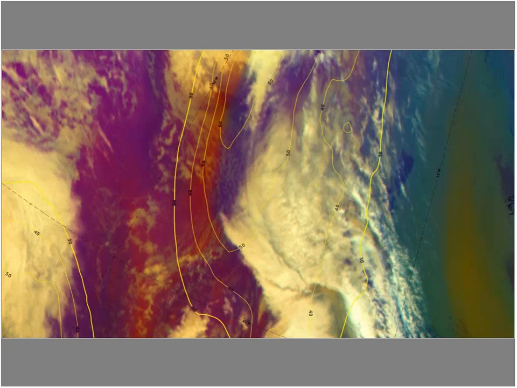So we can see here this jet stream change of color from bluish to reddish indicates the possibility of clear air turbulence. And here we don't have any clouds in this area, and that would be a really nice example of clear air turbulence if we were to fly through that.